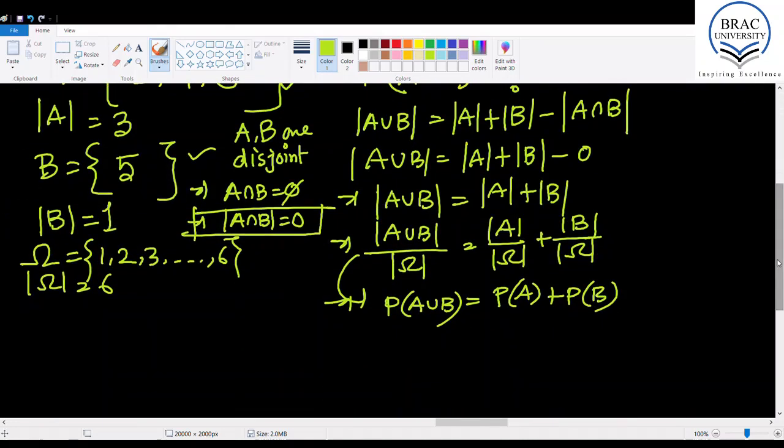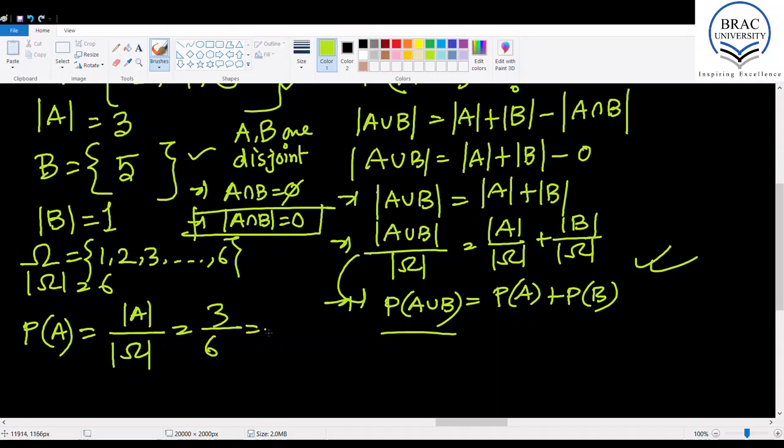Now we are going to put the values of P of A and P of B in this equation to determine P of A union B. Now we have modulus A, we have modulus sample space, so 3 by 6, it's half. Again, P of B will be simple, 1 by 6.